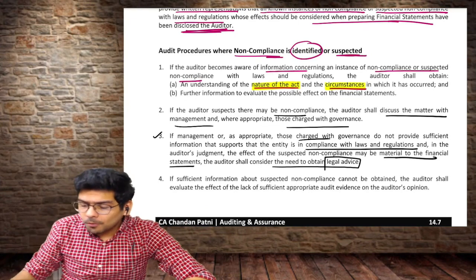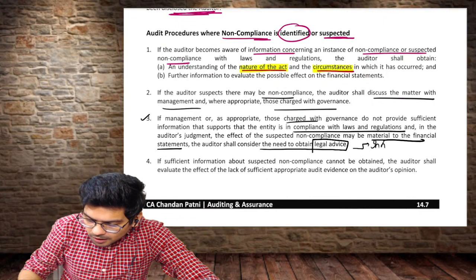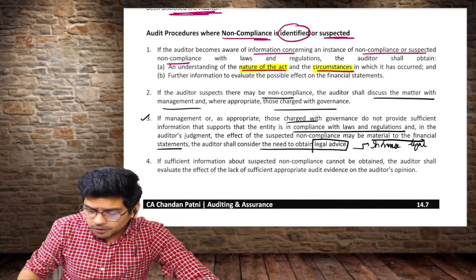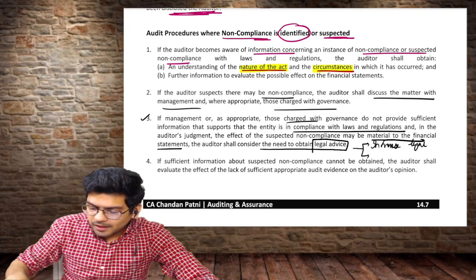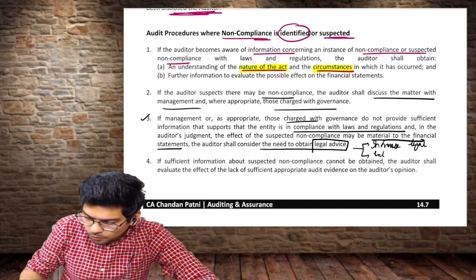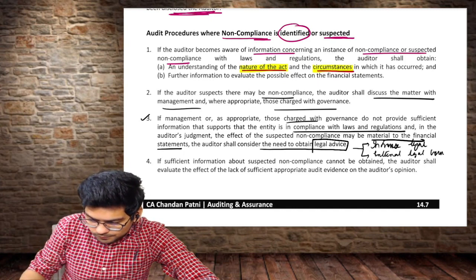Now, who can you obtain the legal advice from? Either it can be the in-house legal counsel, if you remember this word from 501 we covered, or it can be the external legal counsel of the company. You can write it also if you want, external legal counsel.